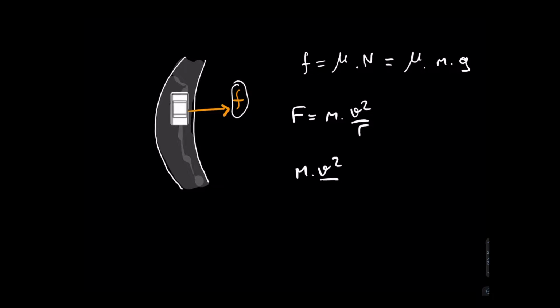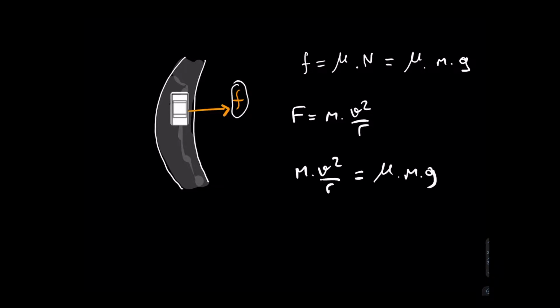The friction force is calculated with the coefficient of friction times normal force, which is equal to the coefficient of friction, mass of the object, and the acceleration of gravity. And the centripetal force is equal to m v squared over r. Now, we know that these have to be equal because the car has to stay on the road. So we can equalize them.